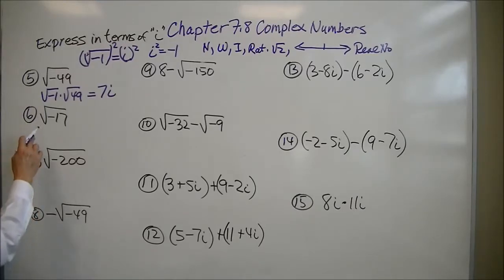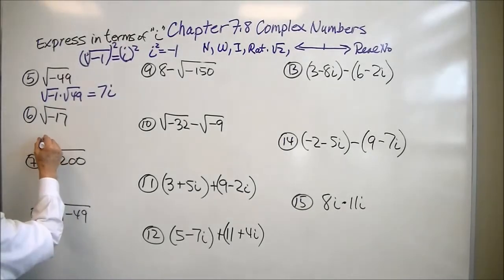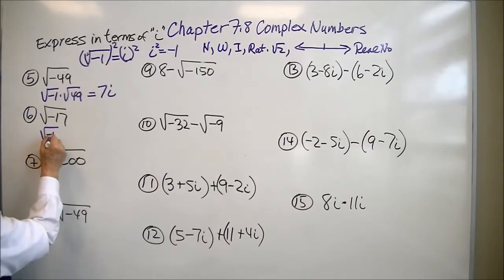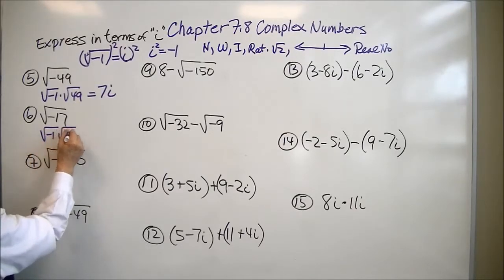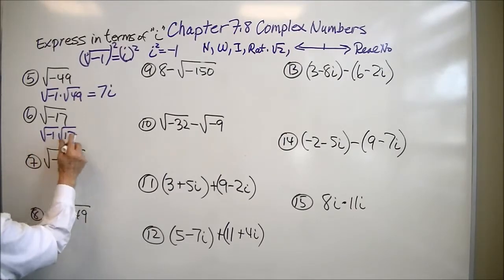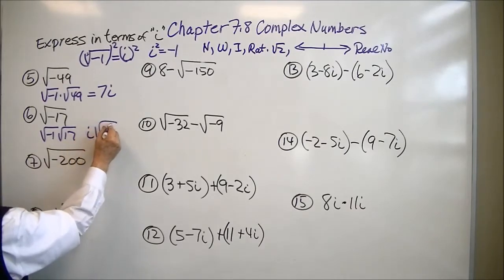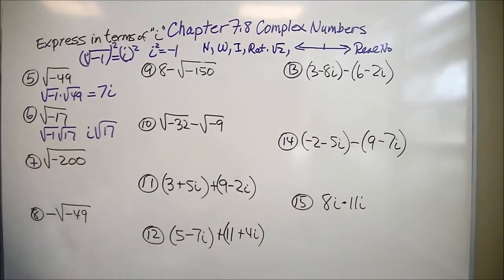So we can just write these now as taking out the square root of negative 1 times the square root of 17. This is i times the square root of 17. And again, this is going to be the square root of negative 1, which is i.